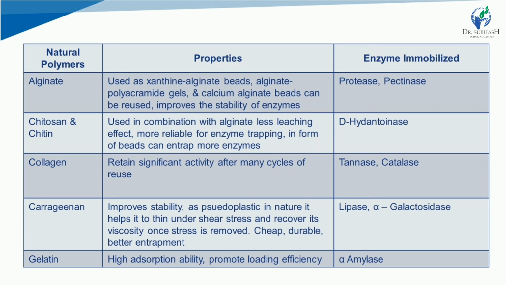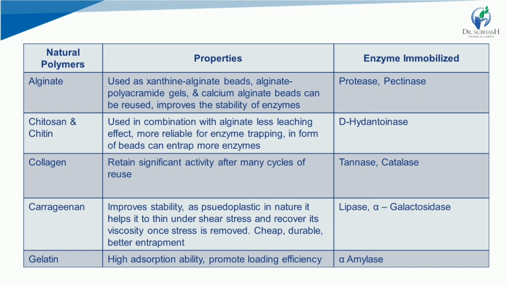The enzymes are protease, pectinase, dehydantoinase, tannase, catalase, lipase, and alpha amylase. There will be some enzymes whose names you might have already heard in your previous semesters. And the properties are about what they will do to the enzyme.